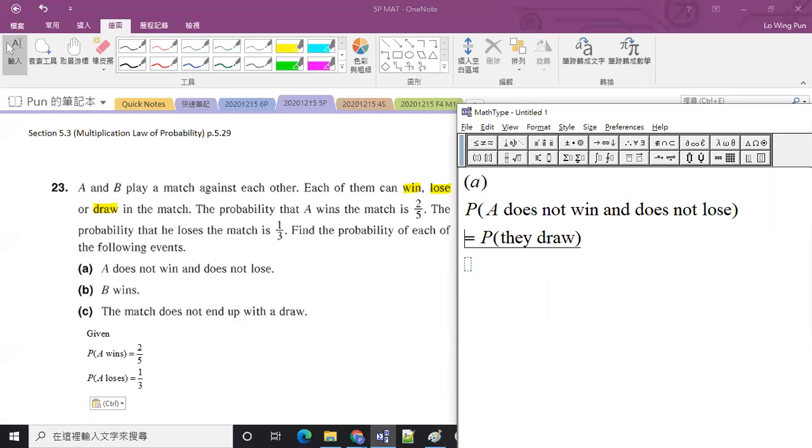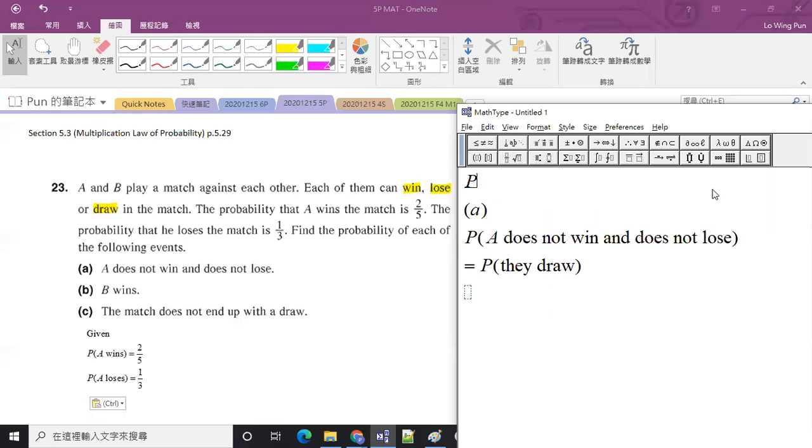Let me write it above. P(A wins) plus P(A loses) plus P(they draw) should be equal to 1. Can you get this? Because these three possible outcomes are already everything, they have already occupied every possibility here. So the total probability must be equal to 1.